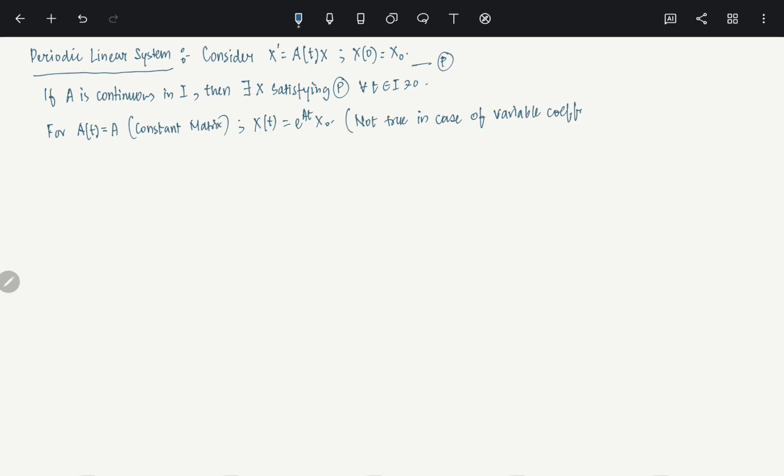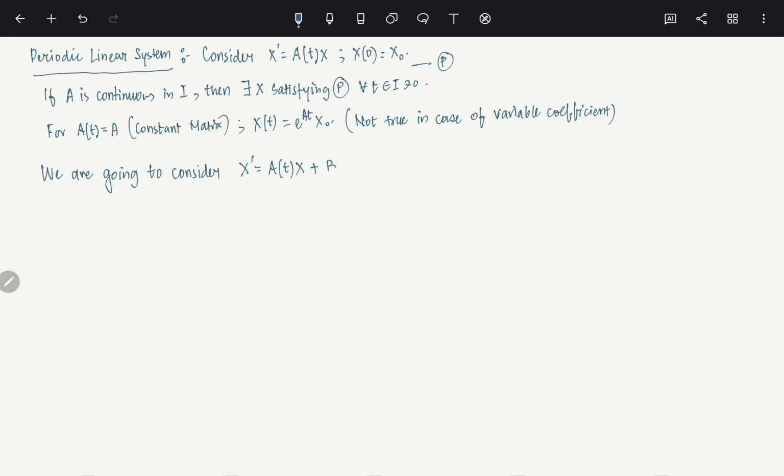But can we say something more if you have a variable coefficient problem? That's the question. So for this video, we are going to consider a much more general problem: x prime equals A(t) x plus B(t). So A is a variable coefficient n cross n matrix.